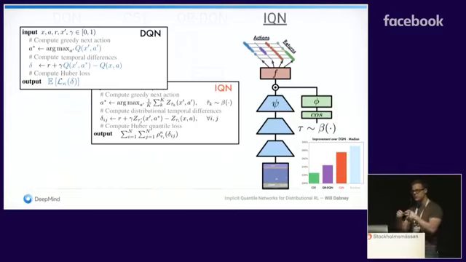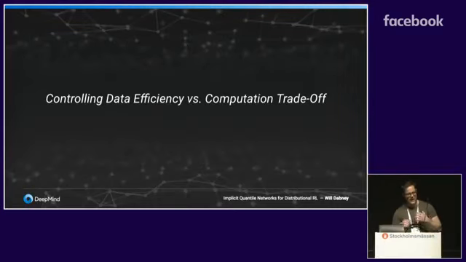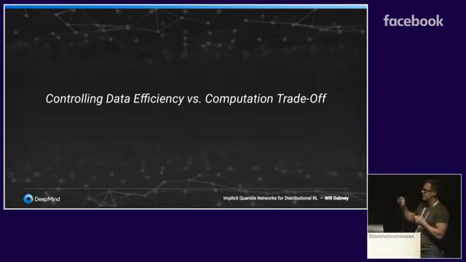And this produces a TD error, and you minimize a quantile regression loss on that. And you just take as many or as few samples as you want, and this learns an implicitly defined distribution over return. So as I said, there's this question of how many samples can you take. And it turns out by changing this hyperparameter, you can control a data efficiency versus computation trade-off.